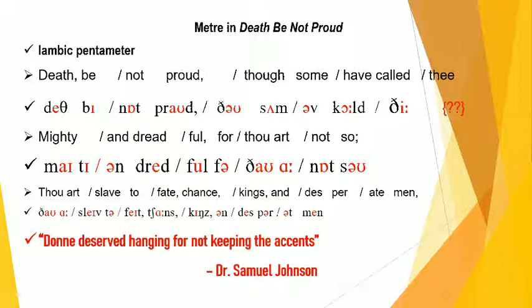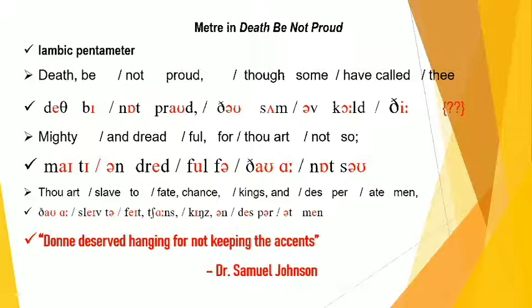"Thou art slave to fate, chance, kings and desperate men." If you look at this, there are 12 syllables in this line. So John Donne is not particular about using iambic pentameter strictly in a poem. He gives a variation more than desired.